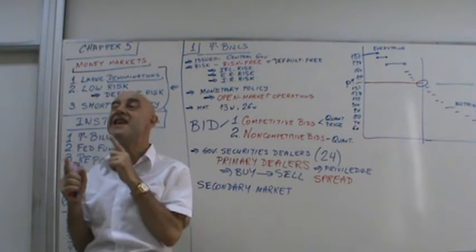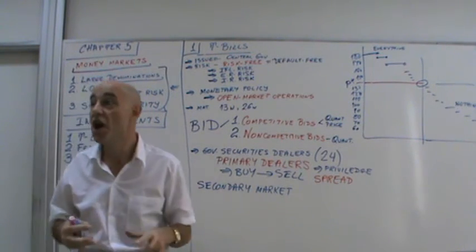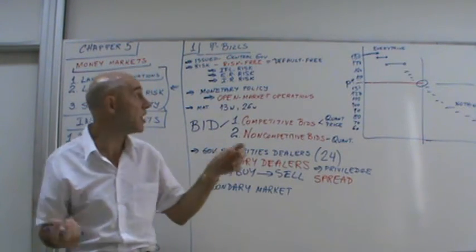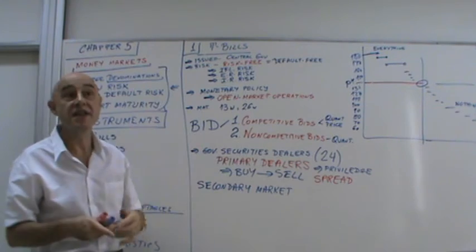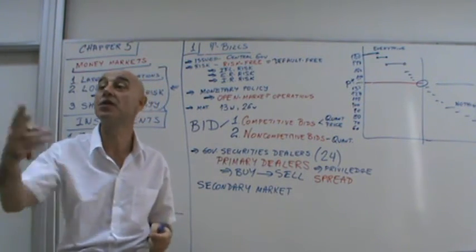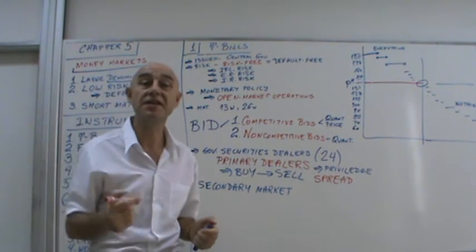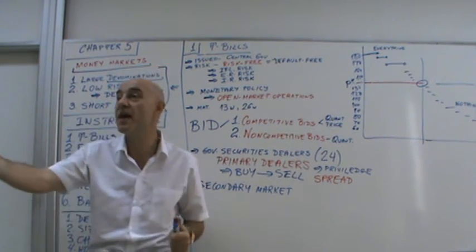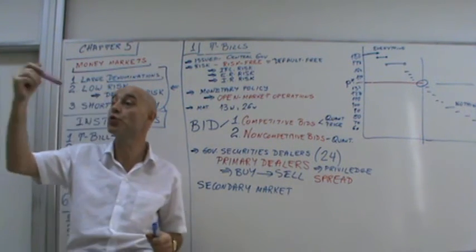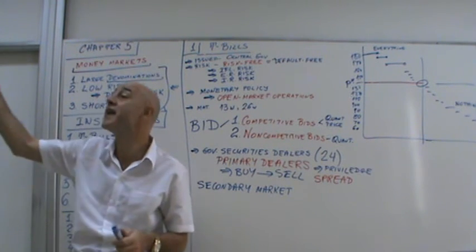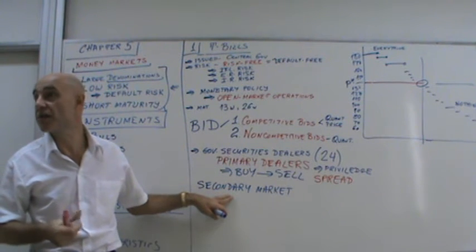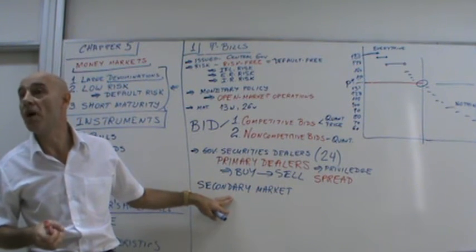Secondary market could even be thought of as a commercial bank which buys 1 million in treasury bills, and then you want 1,000, they'll sell you 1,000. You want 2,000, they'll sell you 2,000. You want 5,000, they'll sell you 5,000. And then maybe 2 weeks later or 2 months later, before it matures, you may sell it back to your own bank or to any other bank or financial institution that makes a secondary market on it.